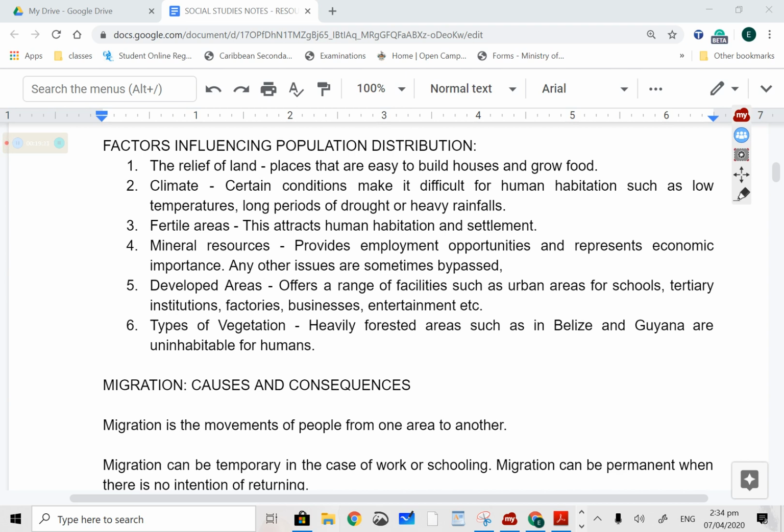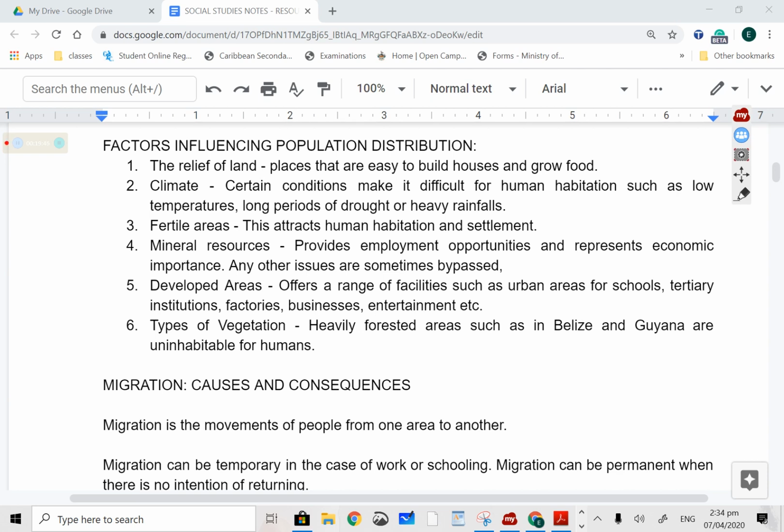pollution, air pollution, etc. Okay, now the fifth factor that influences population distribution is developed areas. It offers a range of facilities such as urban areas for schools, tertiary institutions, factories, businesses, entertainment, etc. So some of these developed areas actually attract people, right?